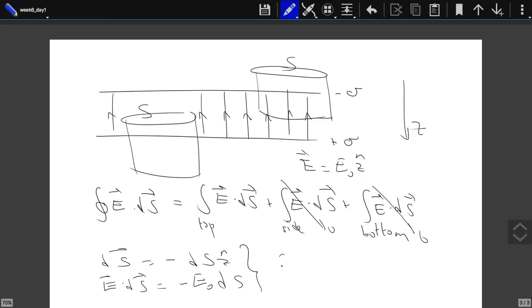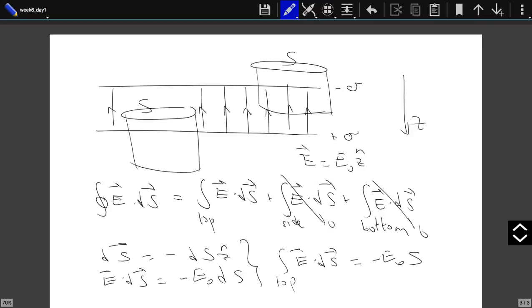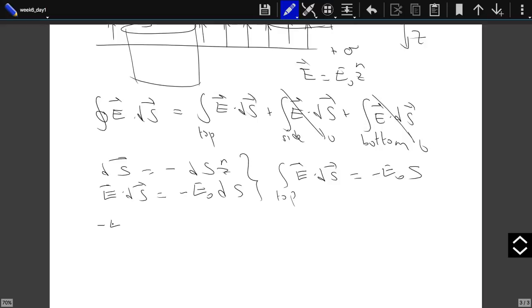So the integral over the top of E dot ds is equal to minus E0, which is a constant, times the remaining integral, which is just the sum of the areas of the patches making the top surface, which is S. So minus E0 times S. What is the enclosed charge?